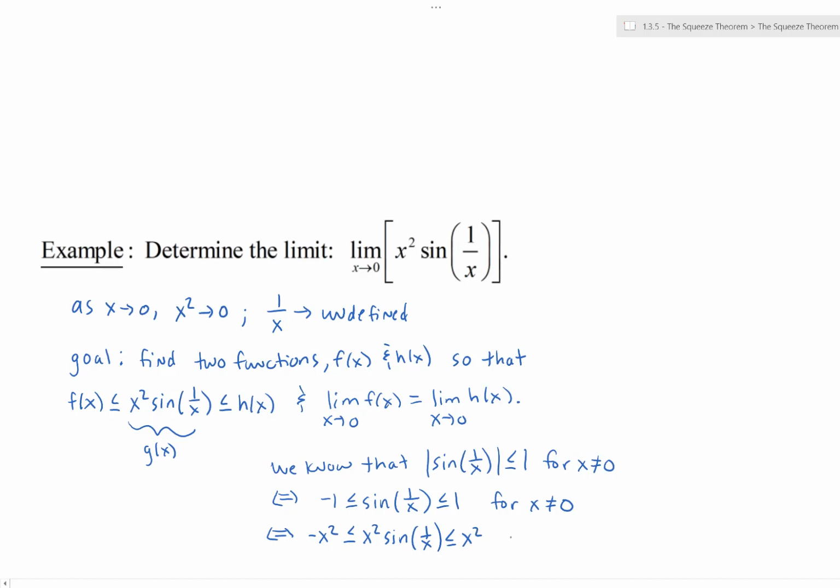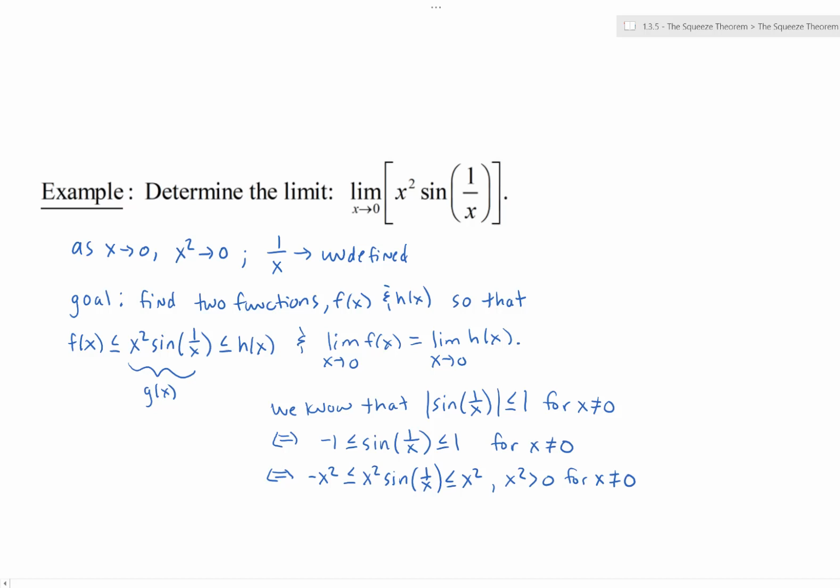That's because x squared is positive for values of x that are non-zero. So I don't have to worry about multiplying by a negative number and my inequality symbols getting reversed. That's not going to happen here because I know x squared is always going to be positive for non-zero x. And we don't need to consider x being 0 here because we're letting x approach 0 arbitrarily close.